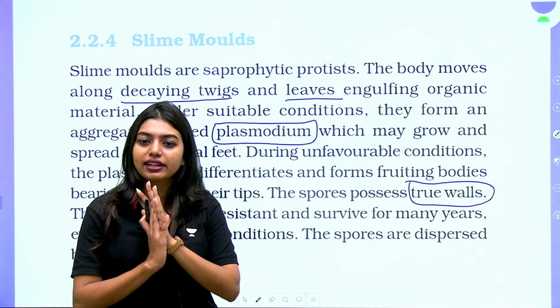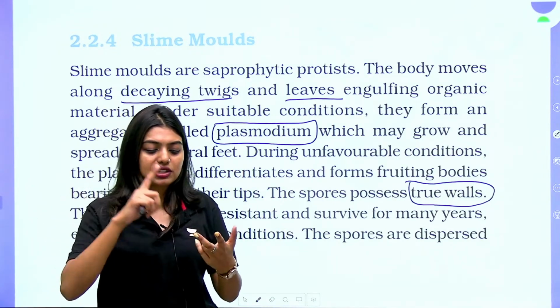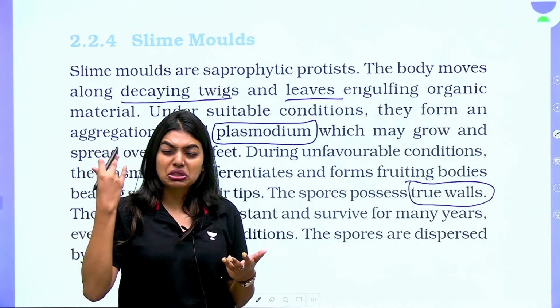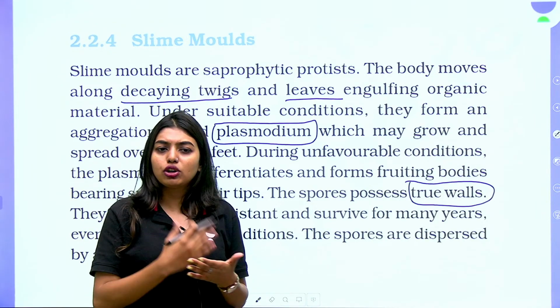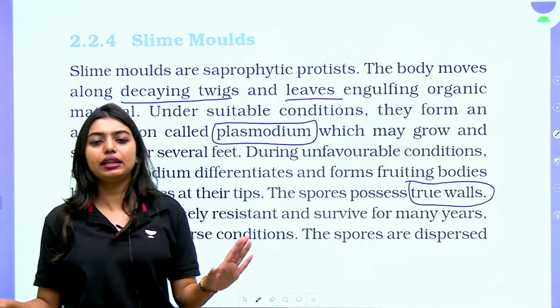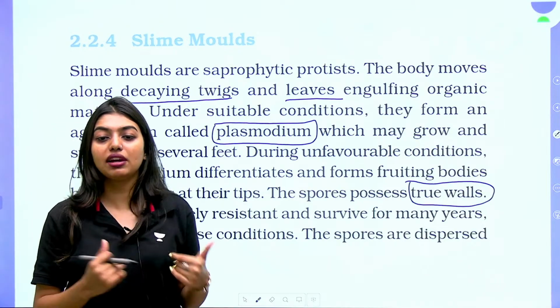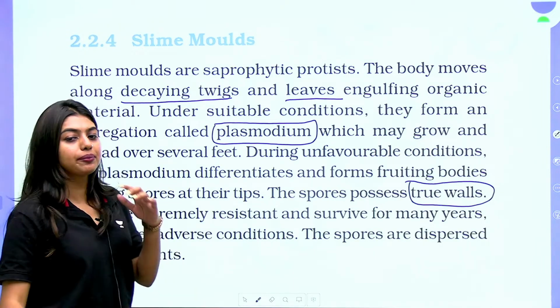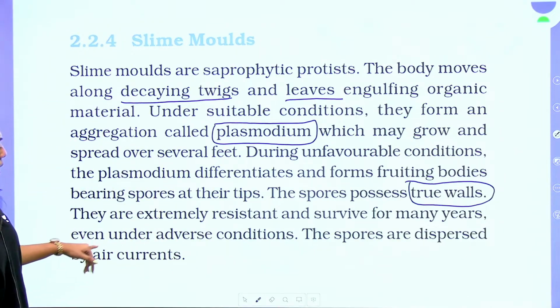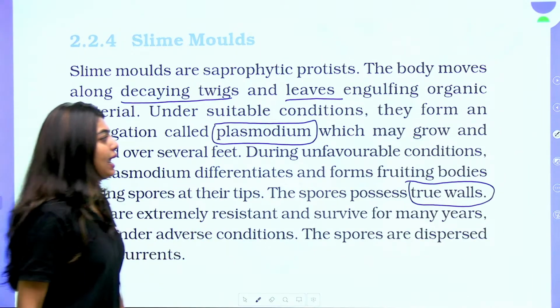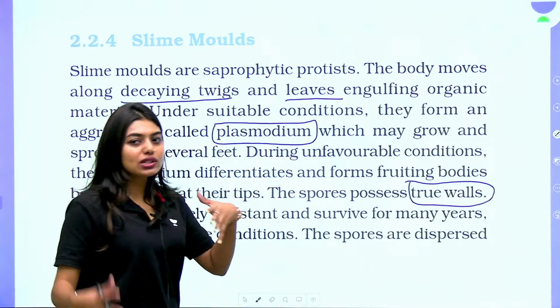They will not get affected at all. If it's raining, if it's thunder, if it's very hot or very cold, the spores will happily be there, because they are made to survive unfavorable condition. Got it? Now the spores are dispersed by air currents. So we have reached up to slime mold.